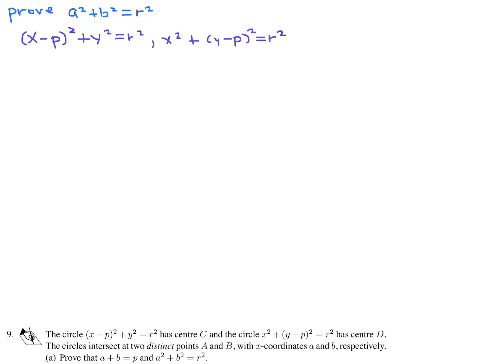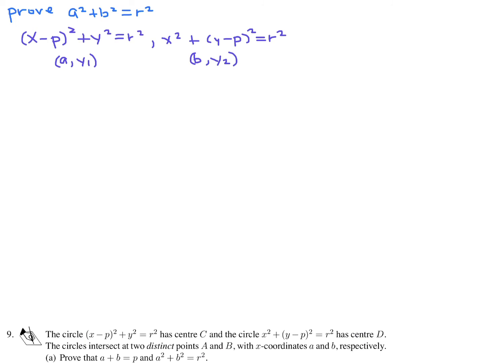Now, we are told that these have points that have x-coordinates of a and b. We're not told the y-coordinates, we're just told the x-coordinates. So a point of the form (a, y1) satisfies the first one, and a point of the form (b, y2) satisfies the second equation. All right, so we can get to that later.